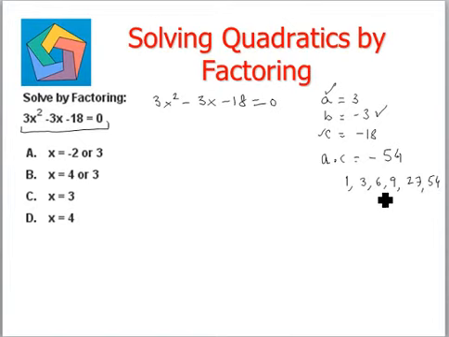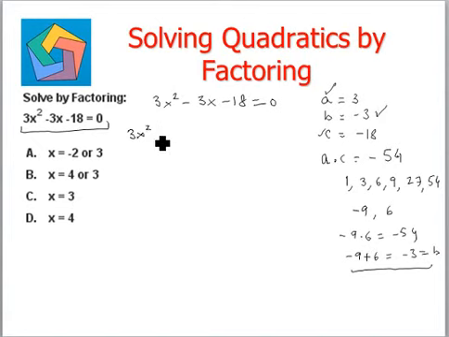So if we use negative 9 and 6, let's see, negative 9 times 6 is negative 54, while negative 9 plus 6 equals negative 3. We'll use these two factors. So we write down this as 3x squared minus 9x plus 6x minus 18 equals 0.